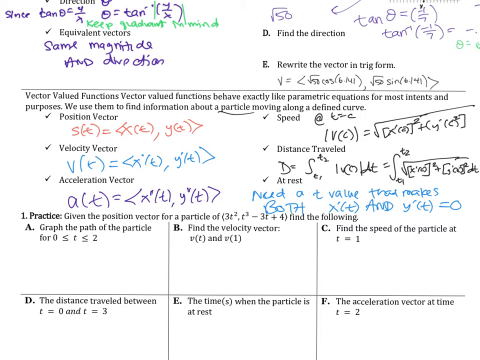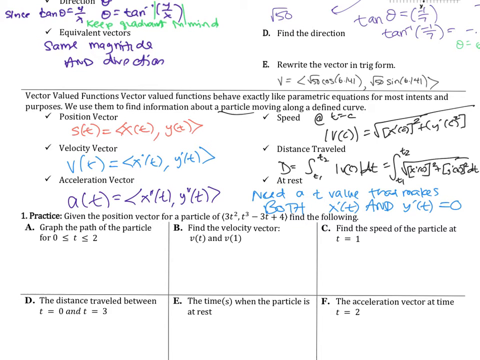They both have to be 0 in order for it to be at rest, because it's possible that it's not moving in the x direction, but it's moving in the y direction. So we need one t value that makes both first derivatives equal to 0.